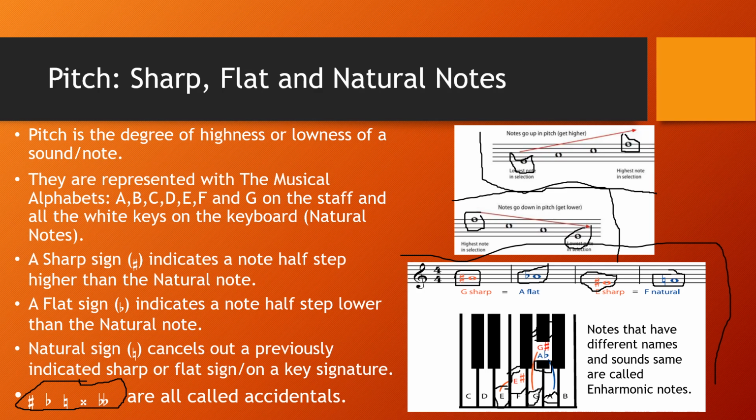Then this is our F natural. So we can say G sharp is equal to A flat, E sharp is equal to F natural. You can try it on other keys on the keyboard. Notes that have different names and sound the same are called enharmonic notes.